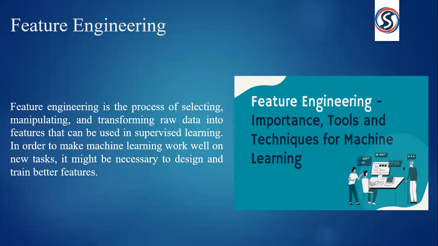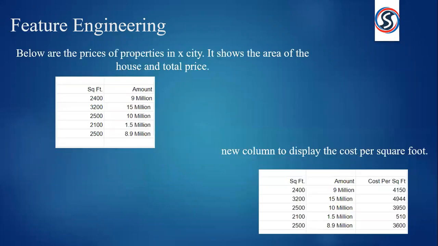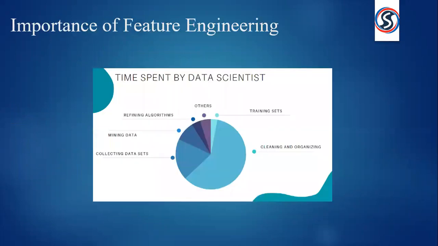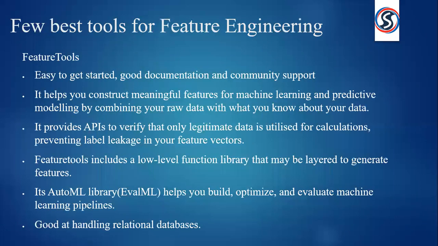So we are extracting the features from the raw data, and we gave an example, and we saw various processes in feature engineering: feature creation, transformation, extraction, EDA and benchmark as well. We also saw why feature engineering is important, and with deep learning we gave an explanation as well.